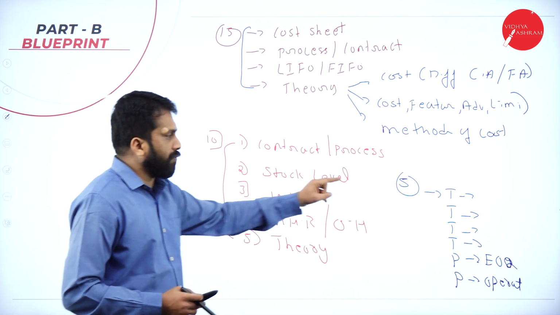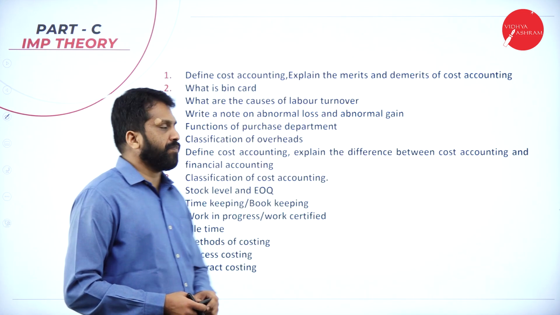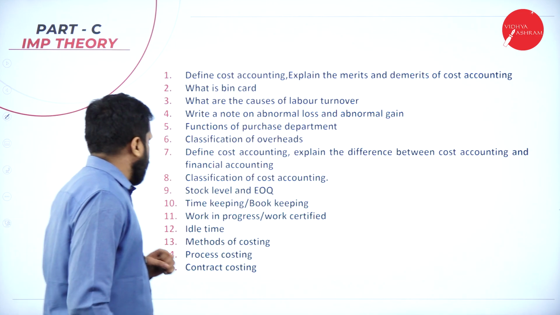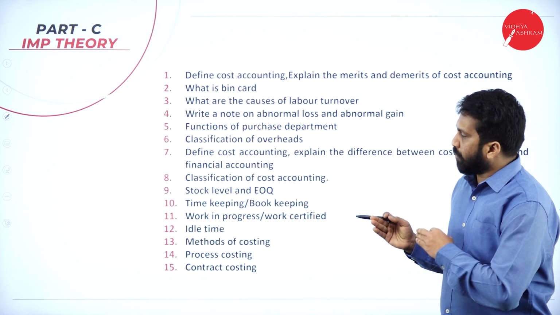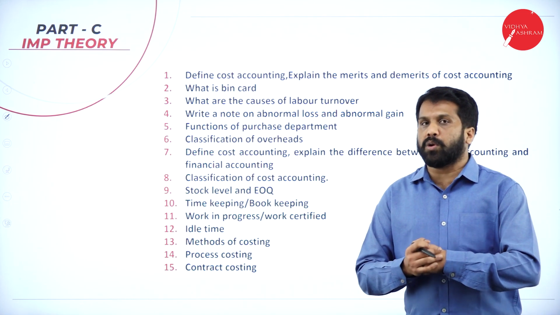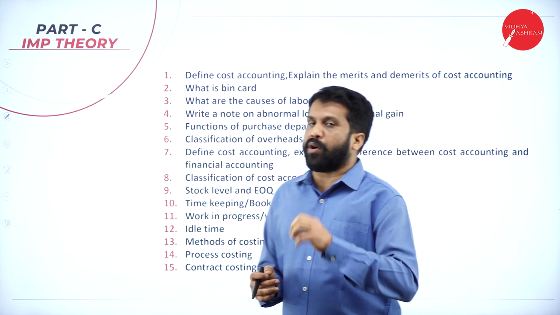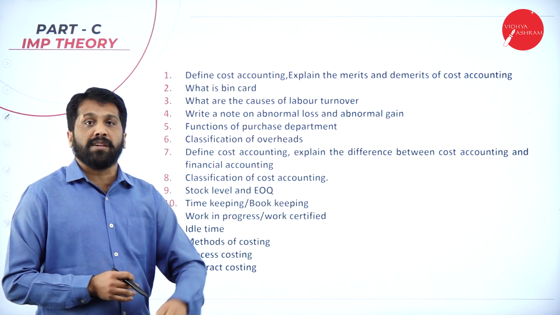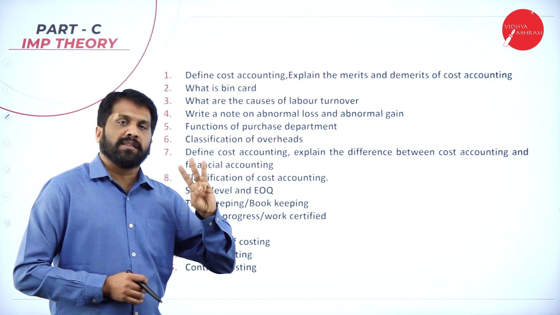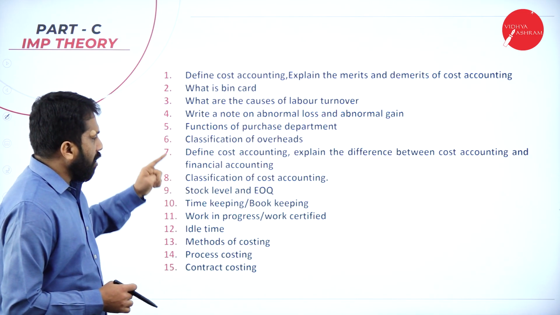Theory, what will come for 5 marks? I'll explain now. These are all your theory questions. Total, how many theories have I given? 15. Why, sir, 15 theory? It almost covered everything? No. These are the important theory. If you go in depth as per your syllabus, you will get minimum 30 theories. So why have I given only 15?